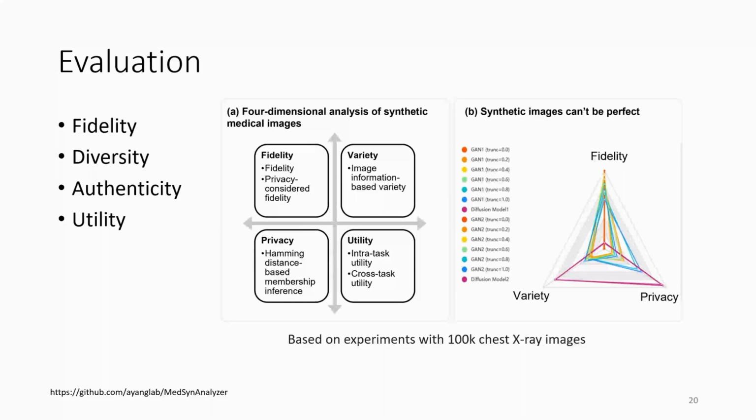And the right image here is an interesting experiment where it is shown that the diffusion model, marked with purple, has higher variety and privacy level than the GAN counterpart, whereas GAN has higher fidelity. It is well known that GAN has a higher fidelity, but also less diversity because of the mode collapse.